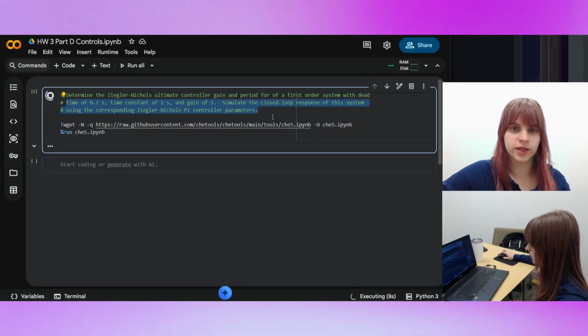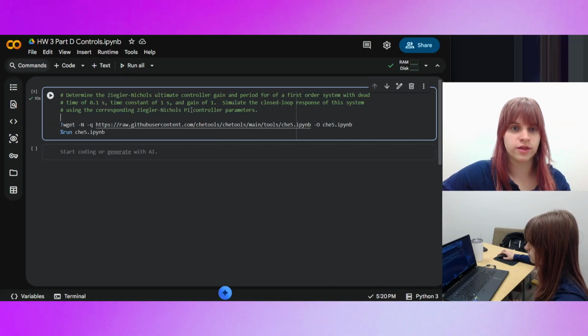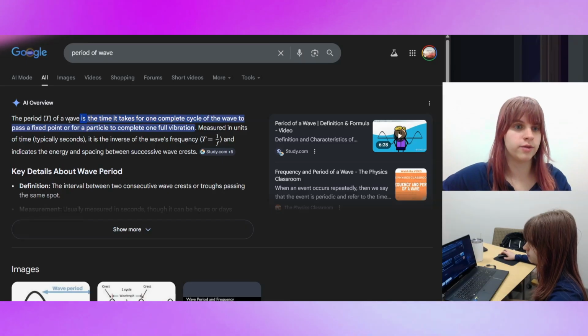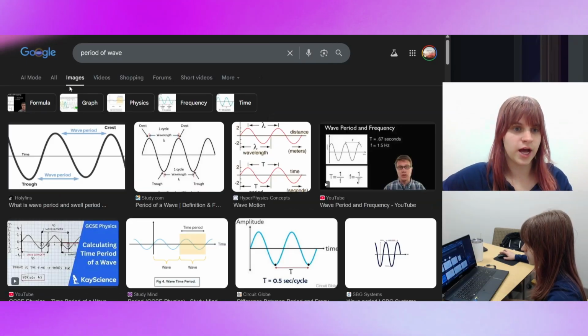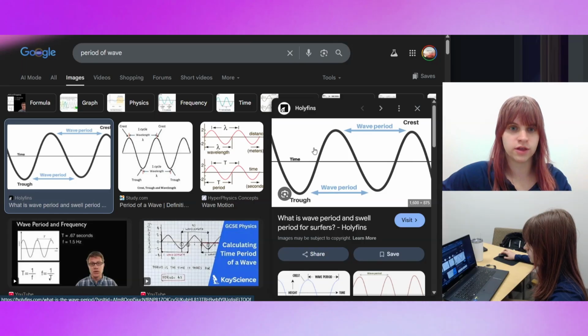We're going to simulate the closed loop response, and this is with a proportional and integral controller. The period is the time it takes for a complete cycle to pass, so that'll be between the maximum of the waves.